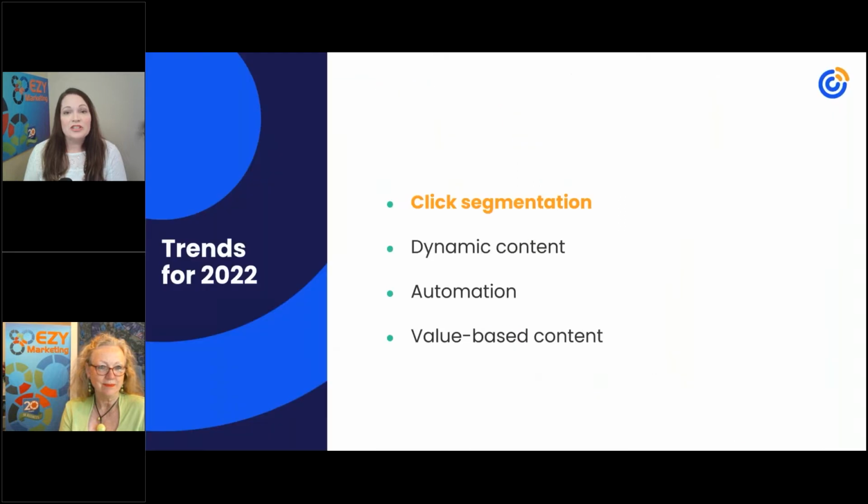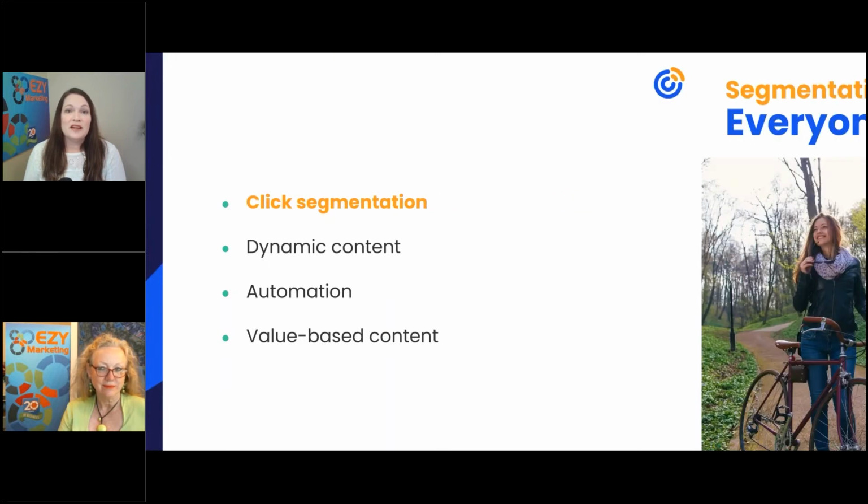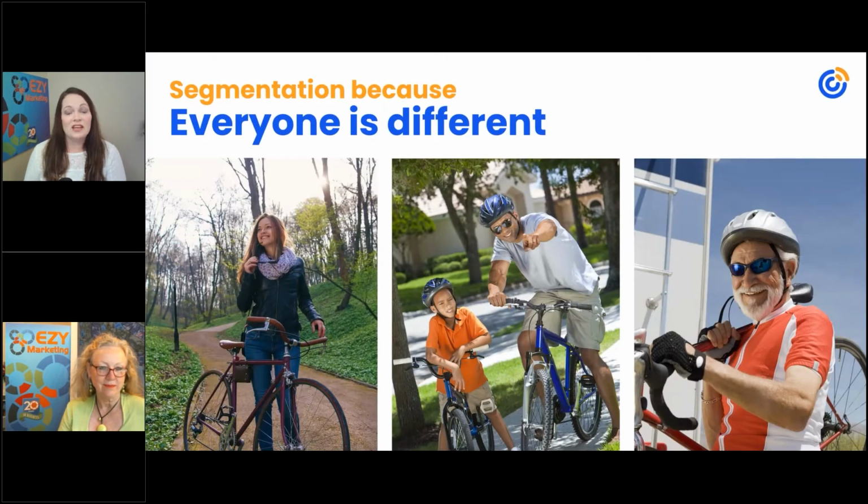So in our last workshop, we gave an overview of 4 email marketing trends for 2022. And today we're taking a deep dive into one you really should consider in your email marketing strategy, and that's click segmentation. Research shows that consumers like receiving emails from businesses and nonprofits, but only when that content is perceived as relevant.